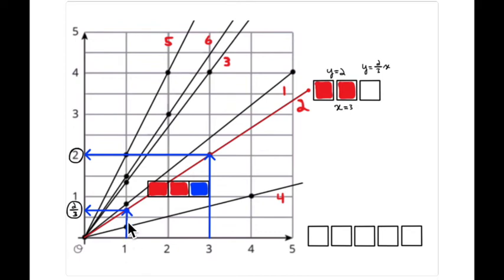So this is the per hour right here, and this is the whole number, $2 per 3 hours. So here, if this represents 1 hour, you're getting paid 2/3 of a dollar for that 1 hour.